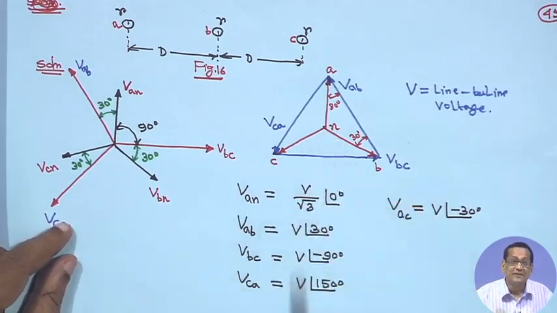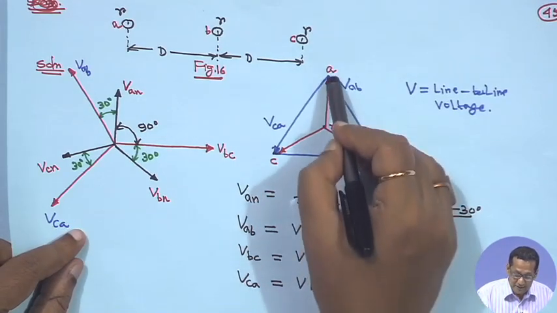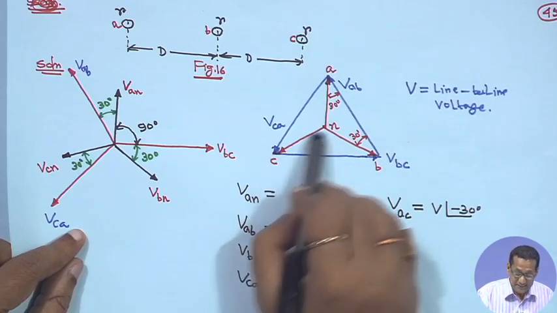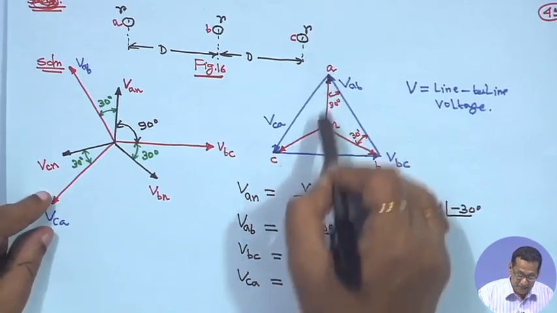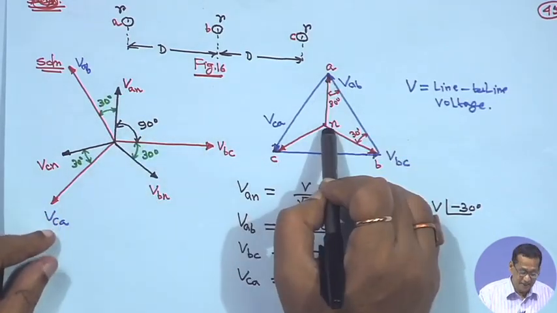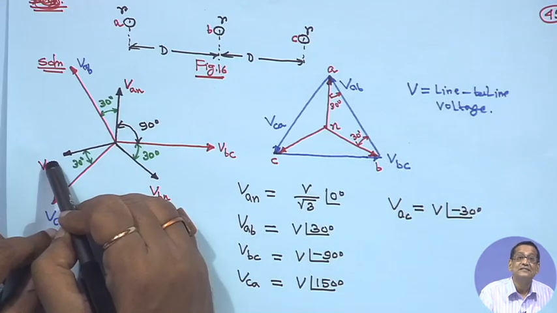It is a balanced system. When the neutral is here and you join all this, this is VAN, this is VBN and this is VCN, right.